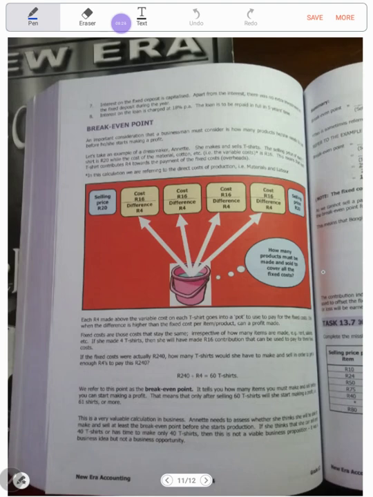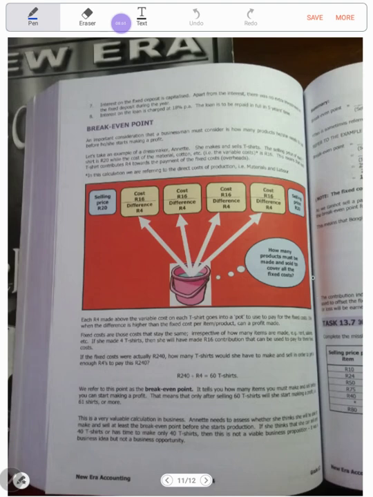In this calculation, we are referring to the direct costs of production, i.e. your materials and labor. Each 4 rand made above the variable cost on each t-shirt goes into the pot to use to pay for fixed costs. Only when the difference is higher than the fixed cost per item can a profit be made.